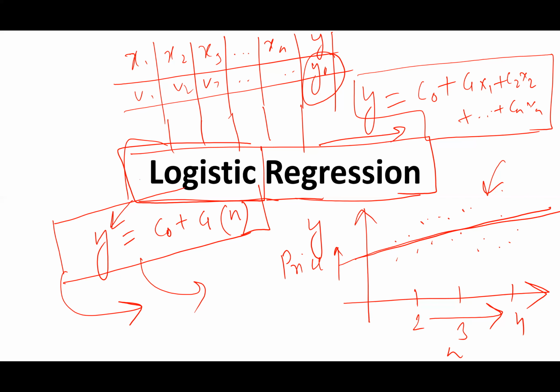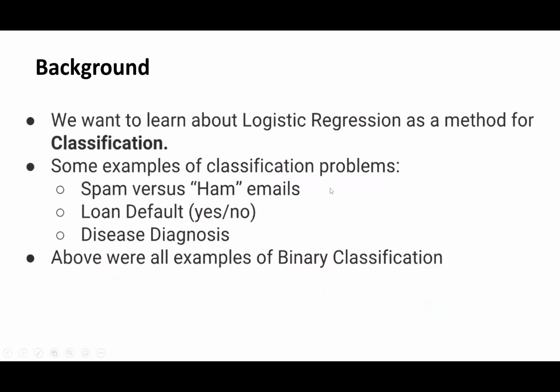Now logistic regression is also a mathematical model, which looks like this. It is a different shape. So let's explore what logistic regression is in this lecture. We want to learn about logistic regression as a method of classification.